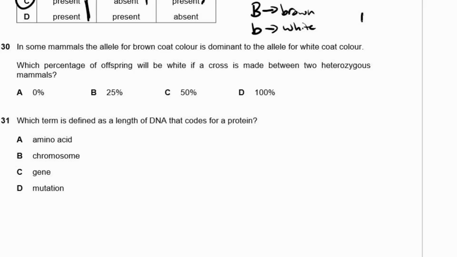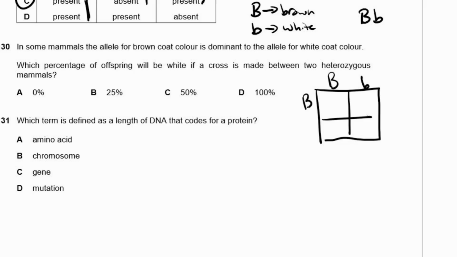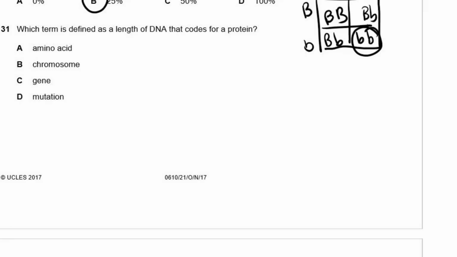Heterozygous means big B, little b. So we do our little Punnett square: big B, little b by big B, little b. We have a big B and a big B, a big B and a little b, a big B and a little b, and a little b and a little b. In order for them to be white, they have to have no brown alleles present, because the brown would overtake the white. So the answer is 1 out of 4, which is 25%.